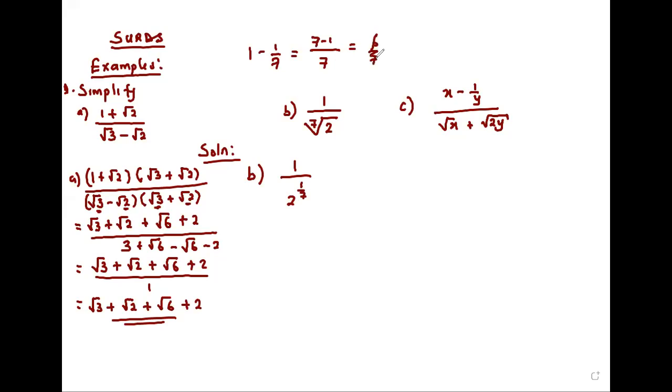So then you multiply the denominator by 2 to the power 6 over 7, and the numerator also by 2 to the power 6 over 7. So we get 2 to the 6 over 7 over, when you add 1 over 7 plus 6 over 7, you get 1. So the answer down is just 2.